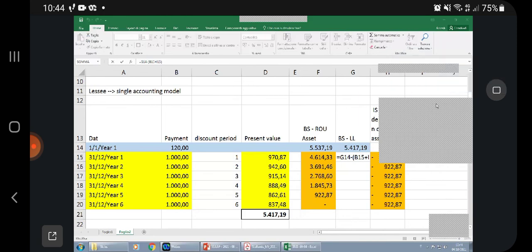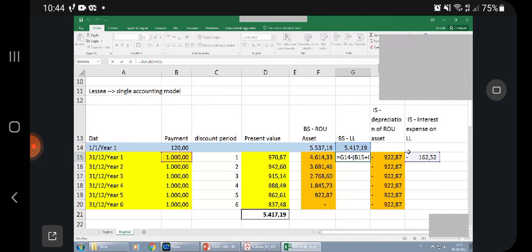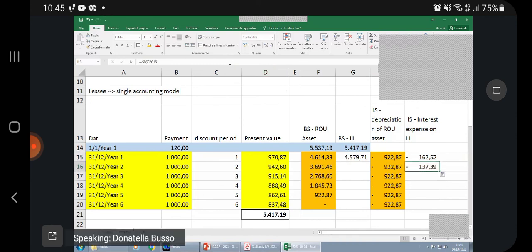Now, we do the same for year 2, but in year 2, look at the formula. The interest rate is always 3%, but 3% on the initial amount of the debt. And at the beginning of year 2, the initial amount of the debt is the amount of the debt at the end of year 1. So the interest to be recognized in year 2 is equal to 137.